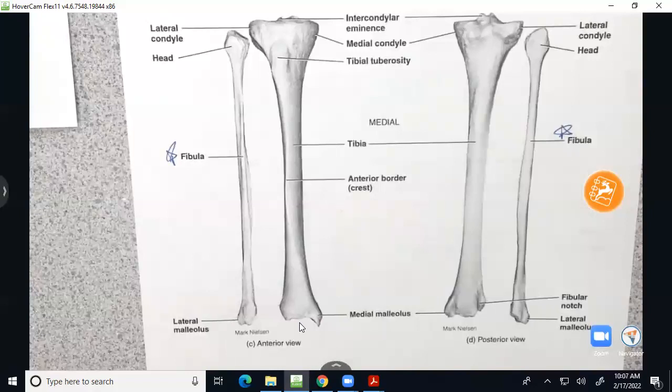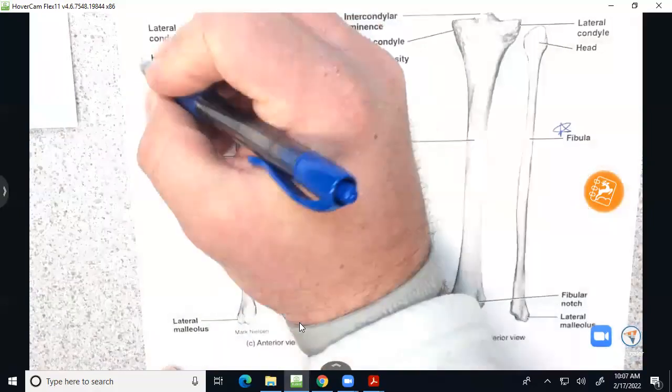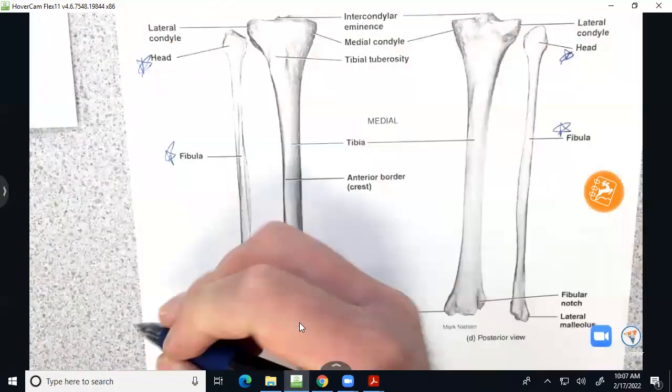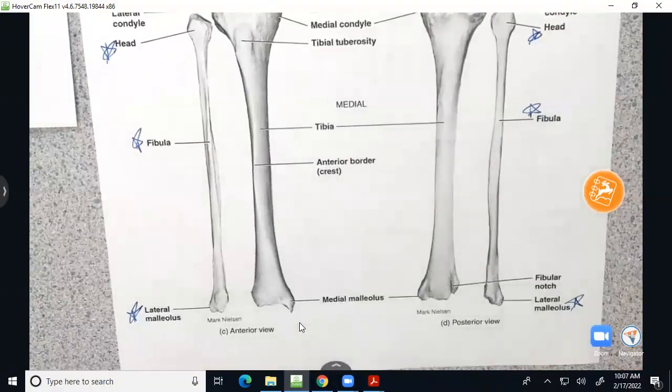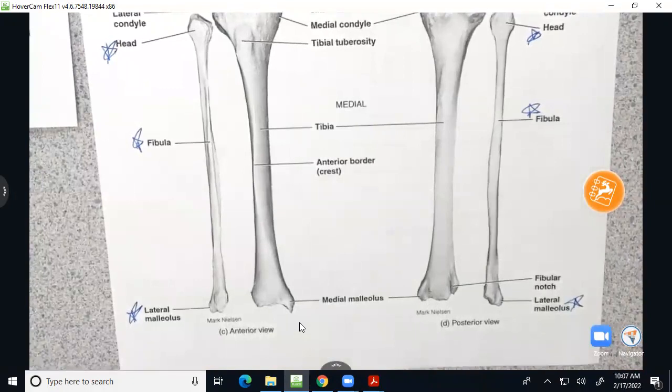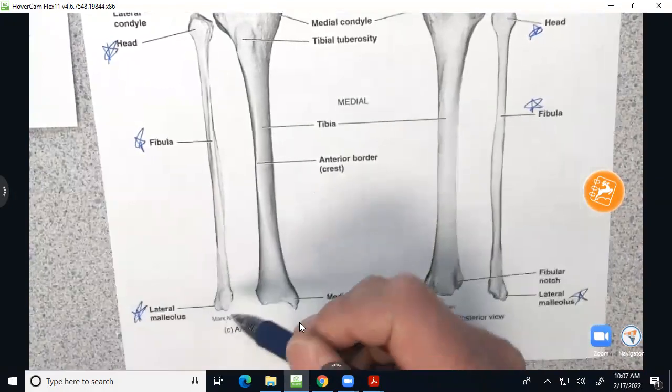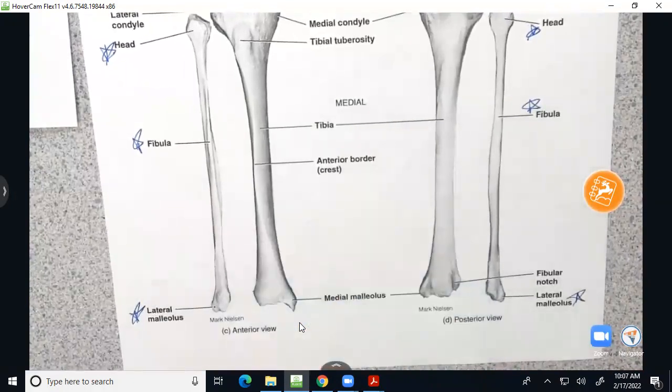The two things that I want you to know about the fibula are the head and this structure at the bottom end of it, what we call the lateral malleolus. If you ever wondered what the two knobs are down at your ankle, one on the outside, one on the inside, the one on the outside is this lateral malleolus.